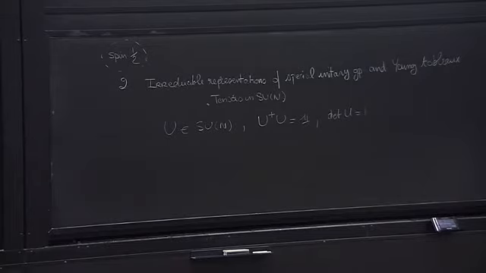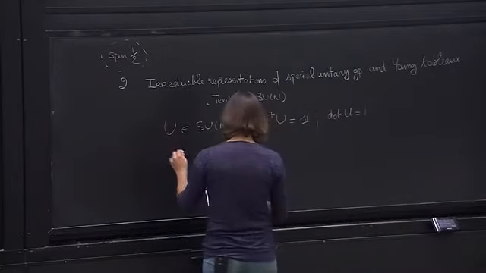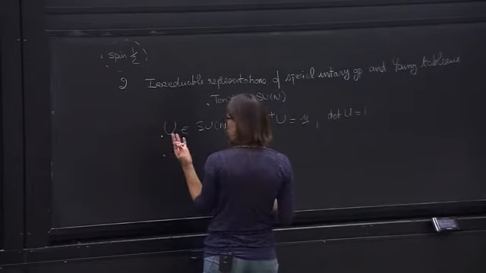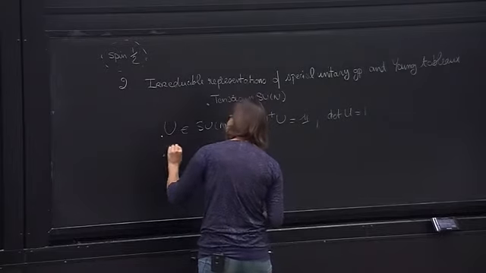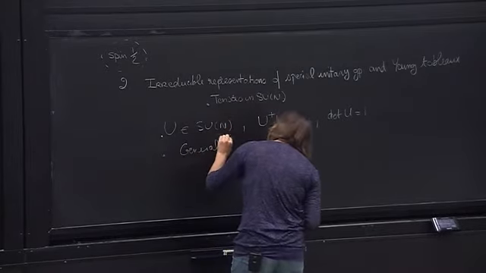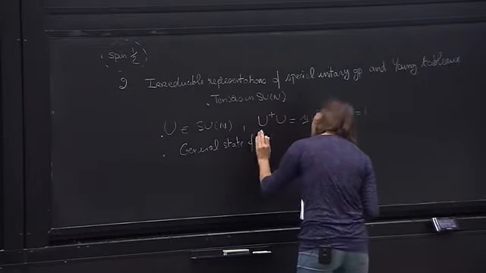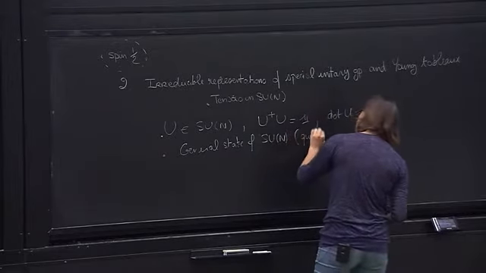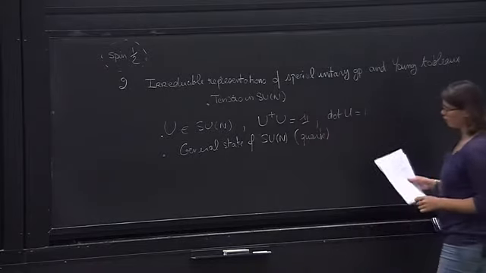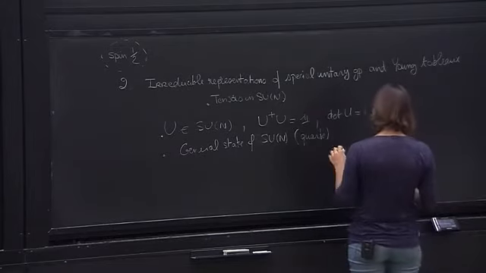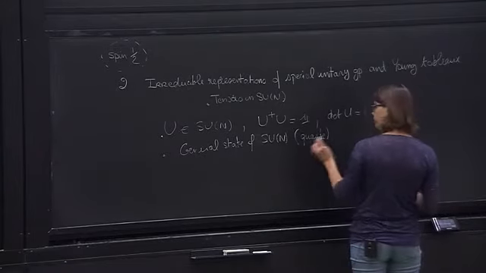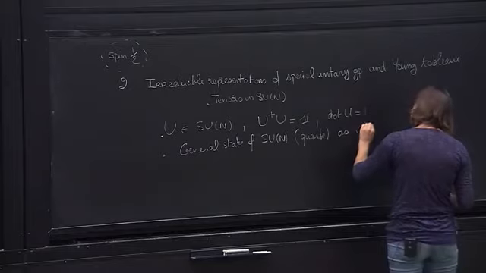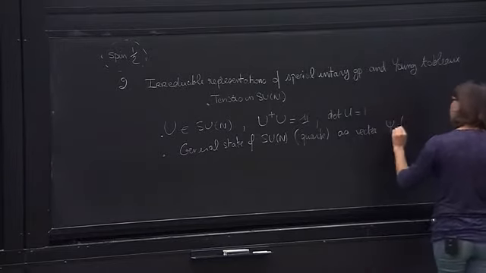If we look at what this statement means, it means that if we denote the quark, or any general state of SUN, where in the case of n equal to 3 you have the SU3 color group, we can represent that as a vector with coefficients.